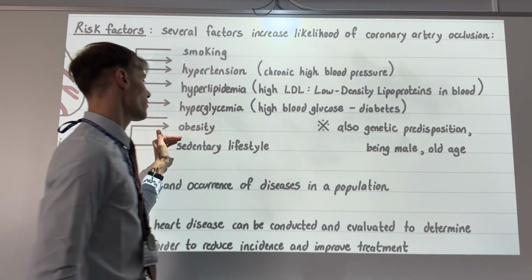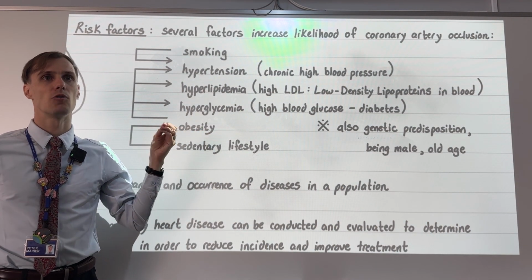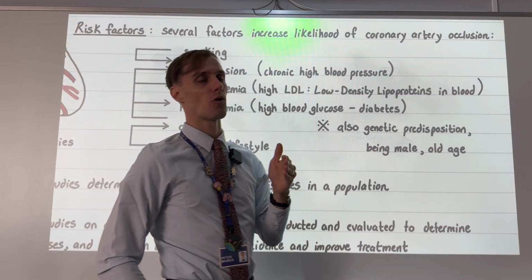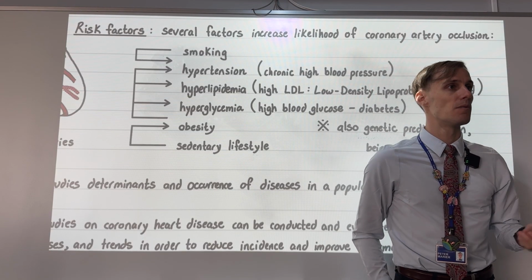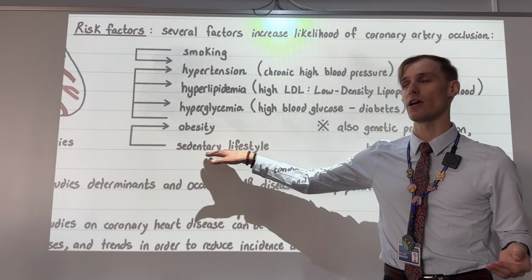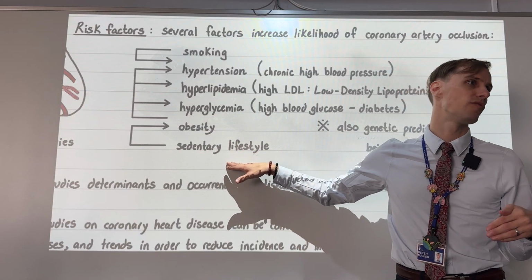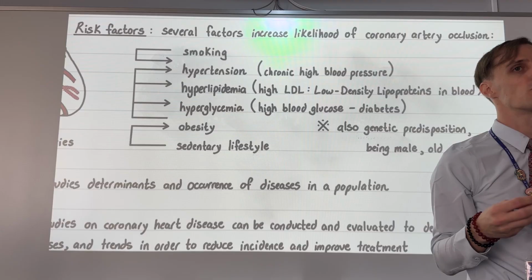And a very large risk factor is obesity. Obesity has a very strong correlation with coronary heart disease, and obesity can be due to a lot of genetic factors, but it could also be due to lifestyle changes, things like a sedentary lifestyle, meaning very low physical activity, and it could also be strongly related to your diet.